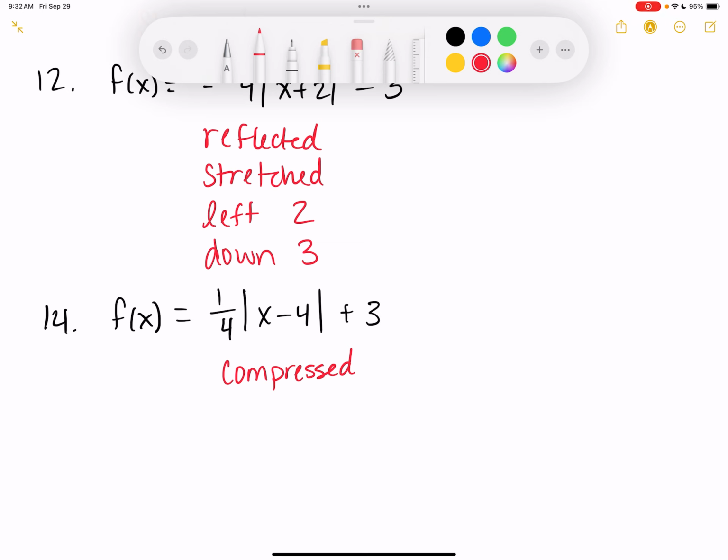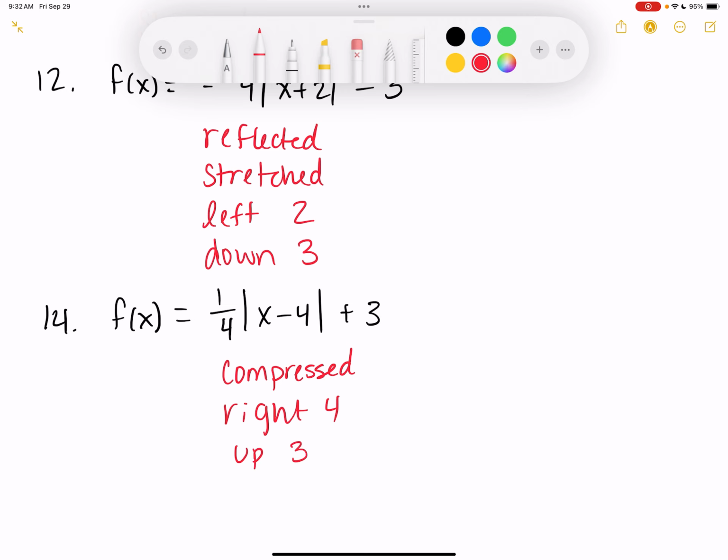If there was a negative out front or right in front of the x, it would be reflected. Is there an opposite to reflected? No, it's just normal otherwise. Got it. Right 4 and up 3.